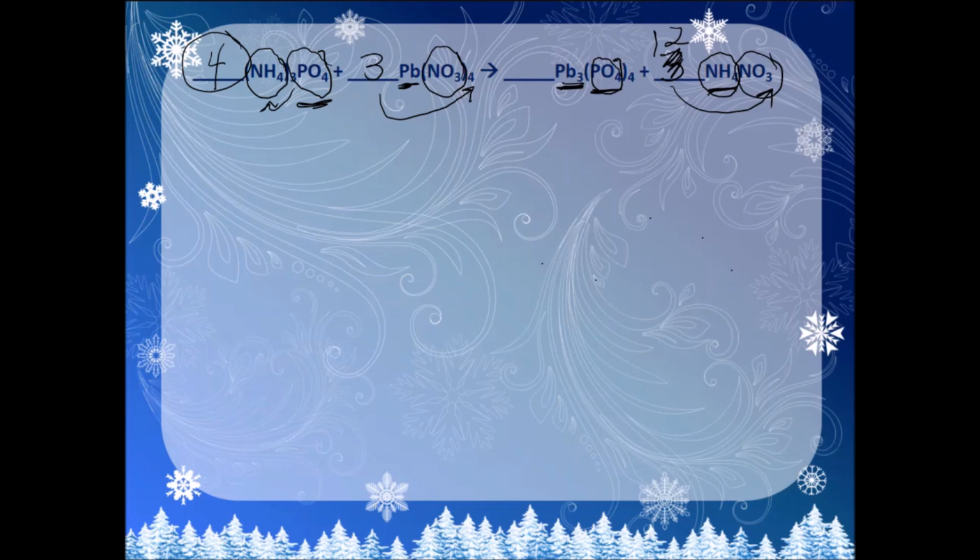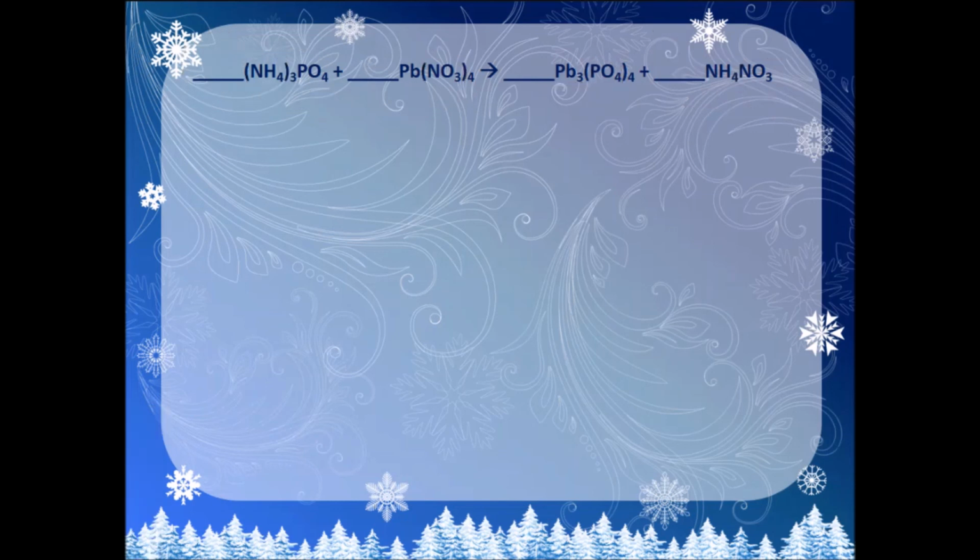I think we've messed things up, so we better go back and check. How many ammoniums? Look at where I'm drawing the arrow. 4, 3, 1, 12. Hold on. So how many ammoniums?